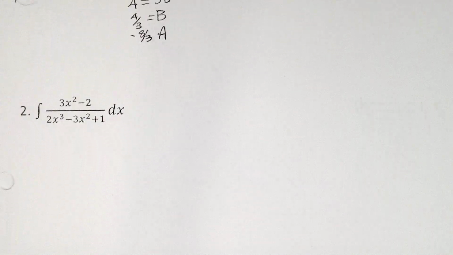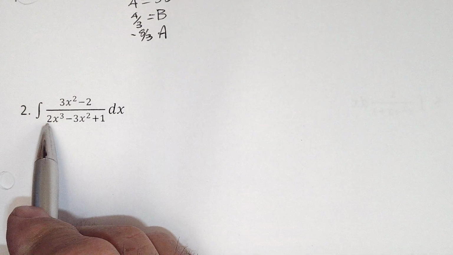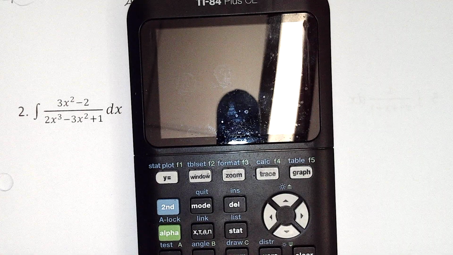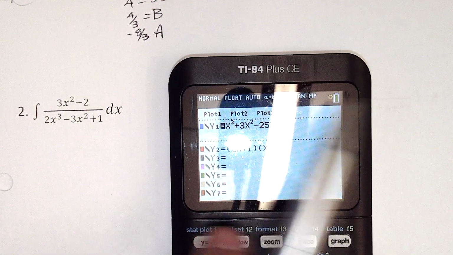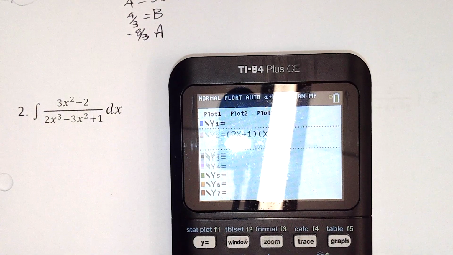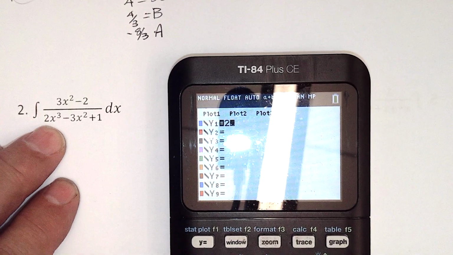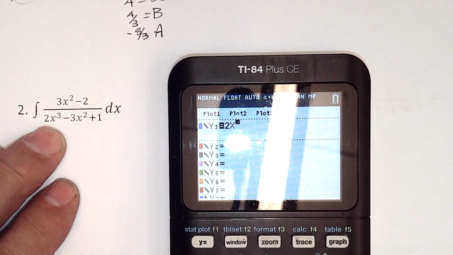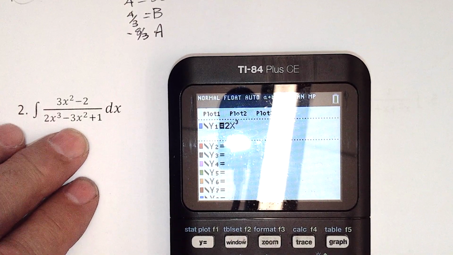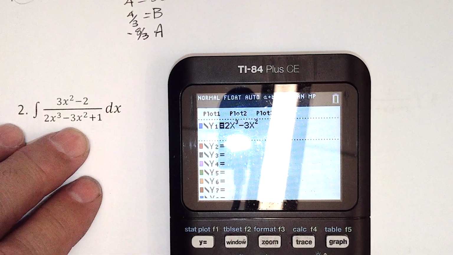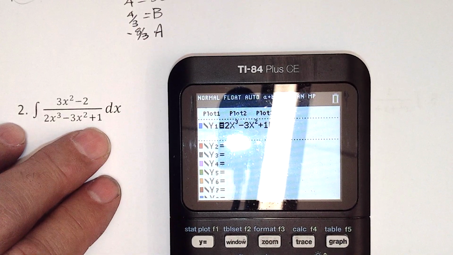Okay. This one. So you might not see how this factors, so you might go to your calculator and, like I said, graph it. So I have 2x to the third minus 3x squared plus 1.